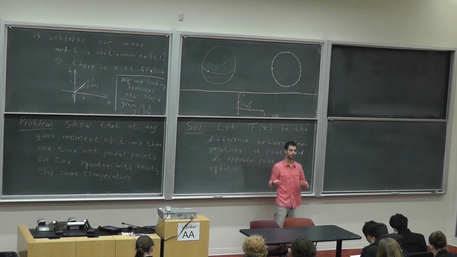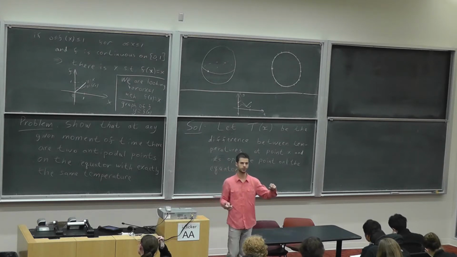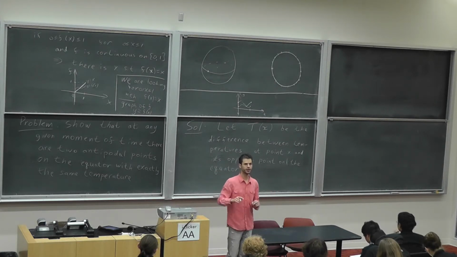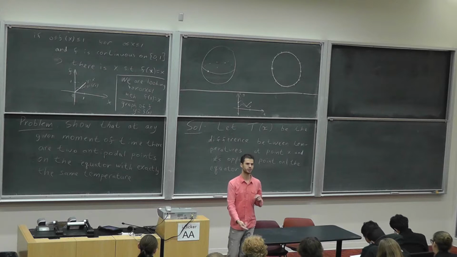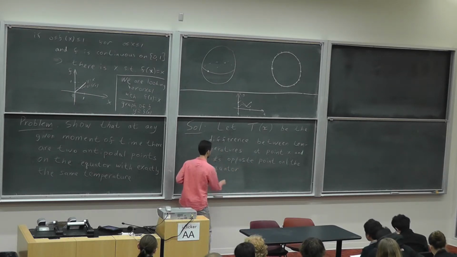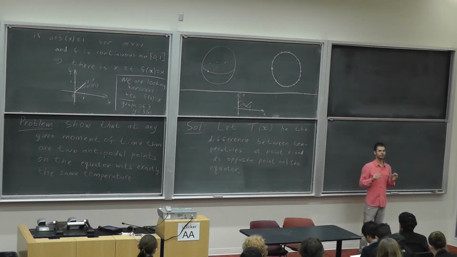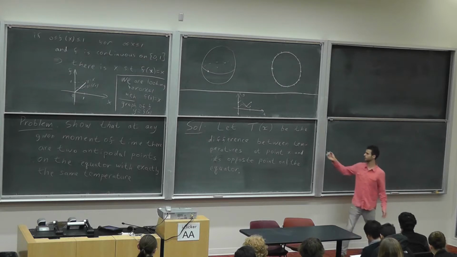So now I have a function. At every point, it measures the difference between the temperature here and at the exactly opposite point on the Earth, on the equator of the Earth. Let me also choose what this number x is.